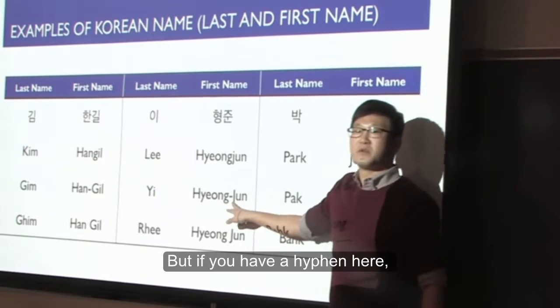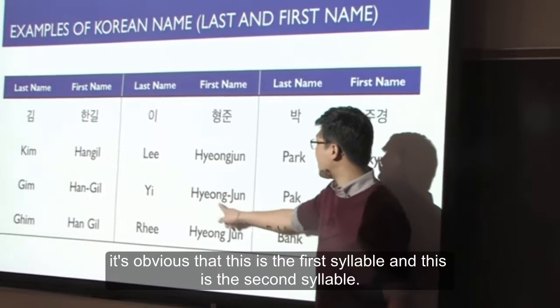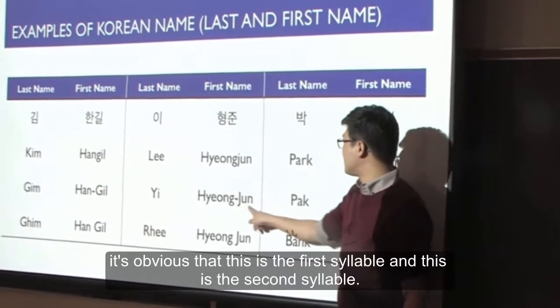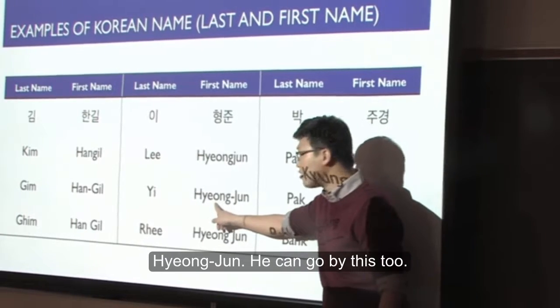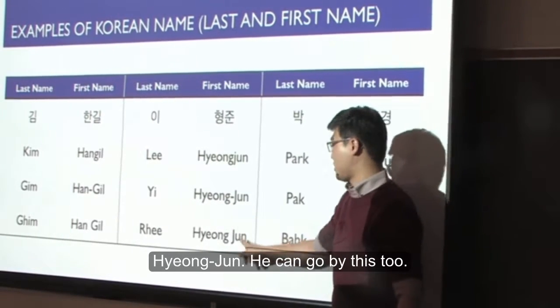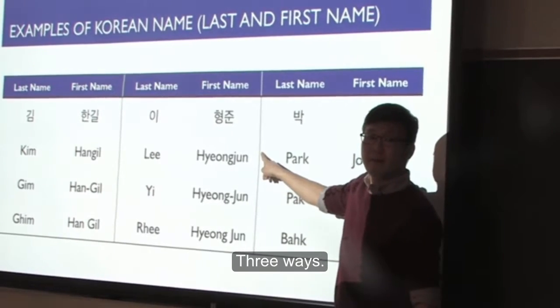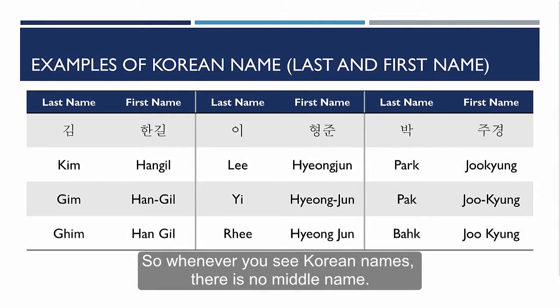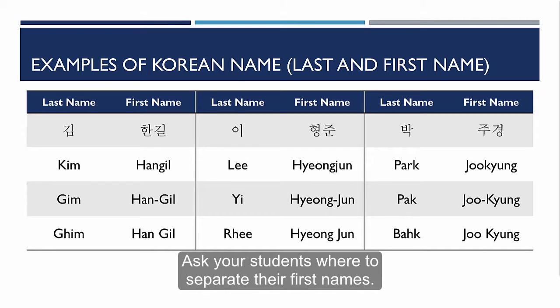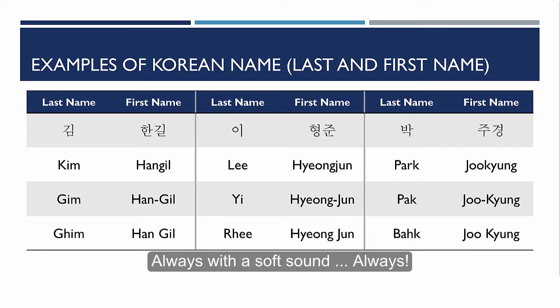But if you have a hyphen, it's obvious that this is the first syllable and this is the second syllable. It's like Hyungjun. But he can go by these too. So 3 ways. Whenever you see Korean names, there's no middle name, so ask the student where to separate their first name.